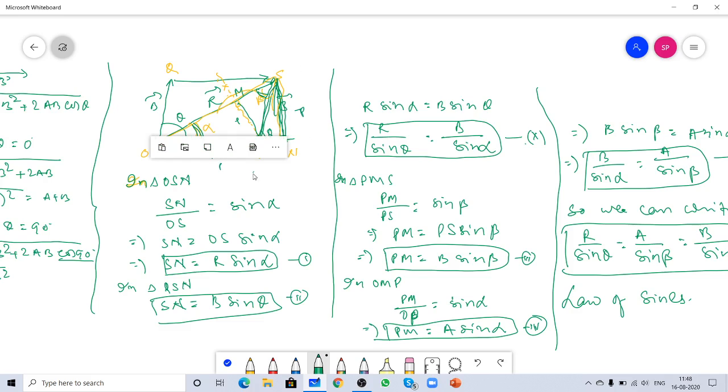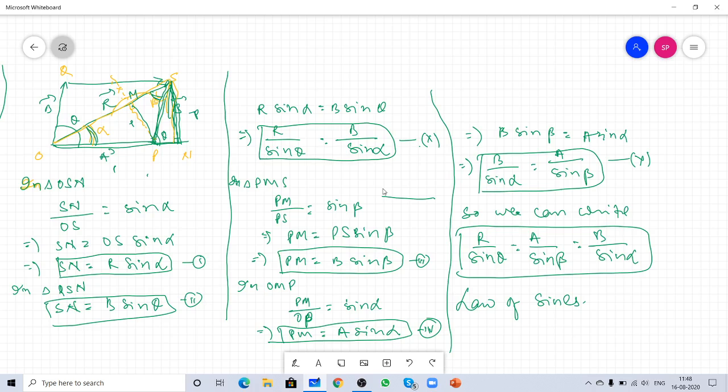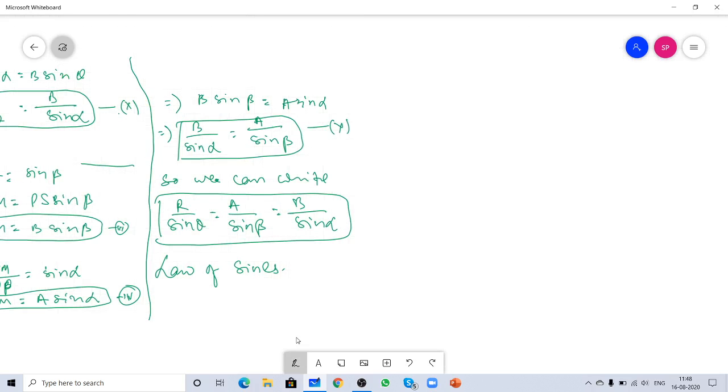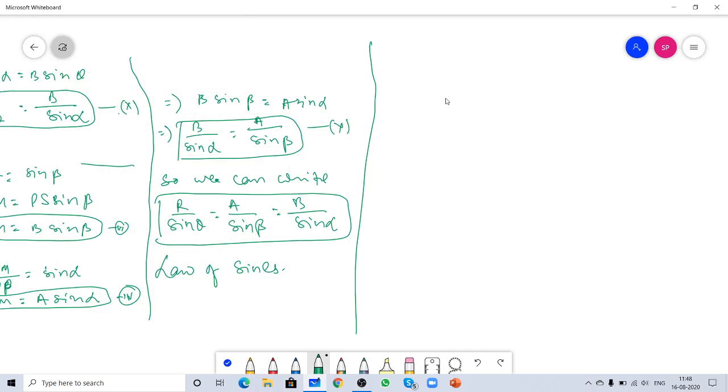So in this triangle, let me discuss another relationship, or quickly let me draw this again. This is A, this is the B vector.